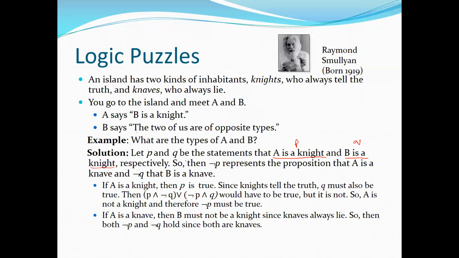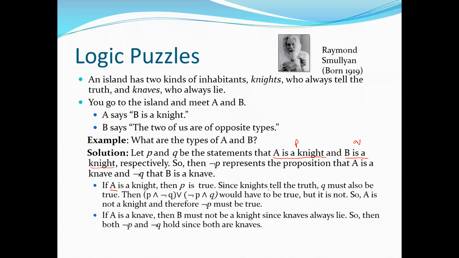Okay, so let's think about it. If A is a knight, then for sure P is true. Why? Because a knight never speaks a lie, it will always speak the truth. So P is true, meaning A himself is a knight.